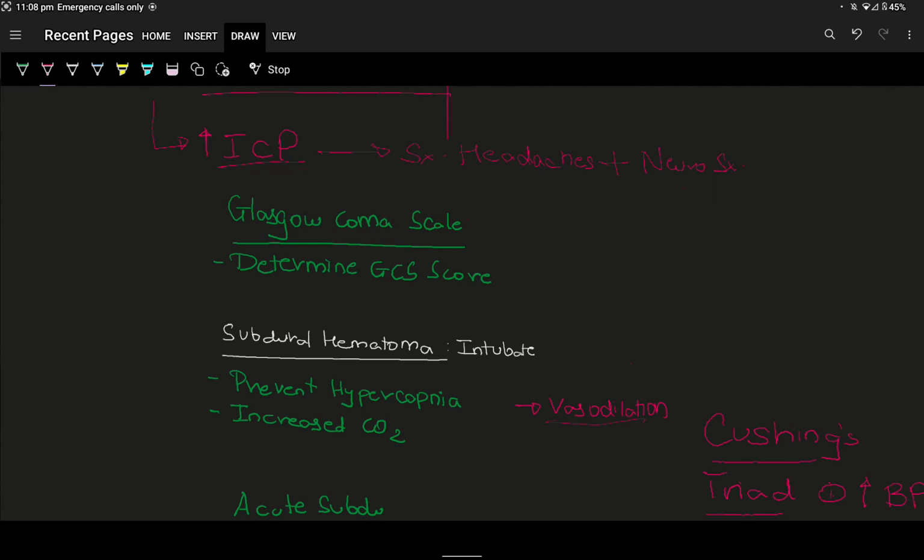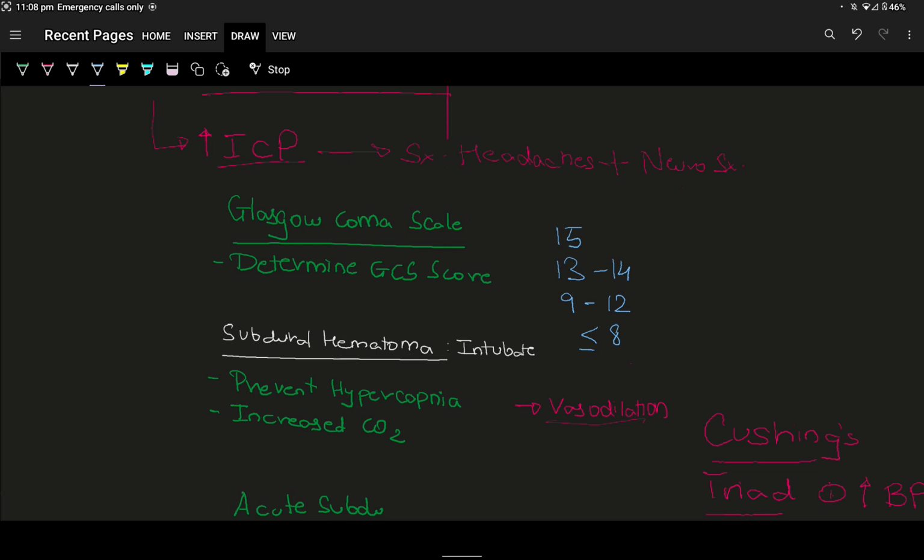It usually has a score from 15, which refers to fully conscious. 13 to 14 will be mild impairment. 9 to 12 is moderate impairment. Less than or equal to 8 is severe impairment, which refers to coma and often requires intubation.